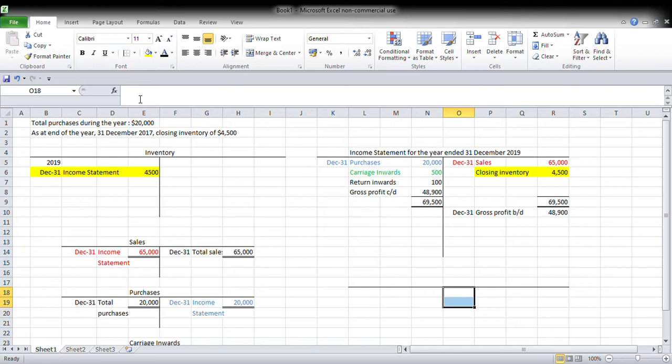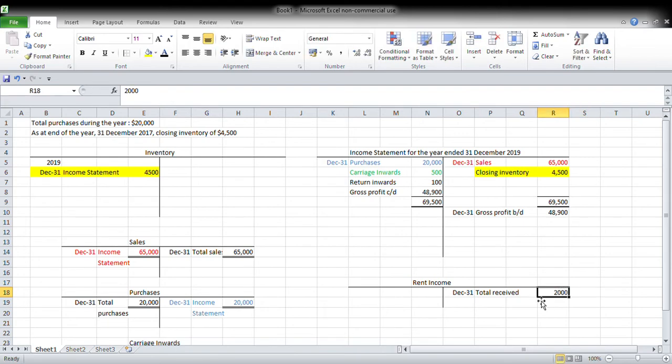Let's say I have an income called rent income. When I receive rent income, I would credit my rent account. So let's say for the year, my total rent income is 2,000. I would debit bank, credit this account.